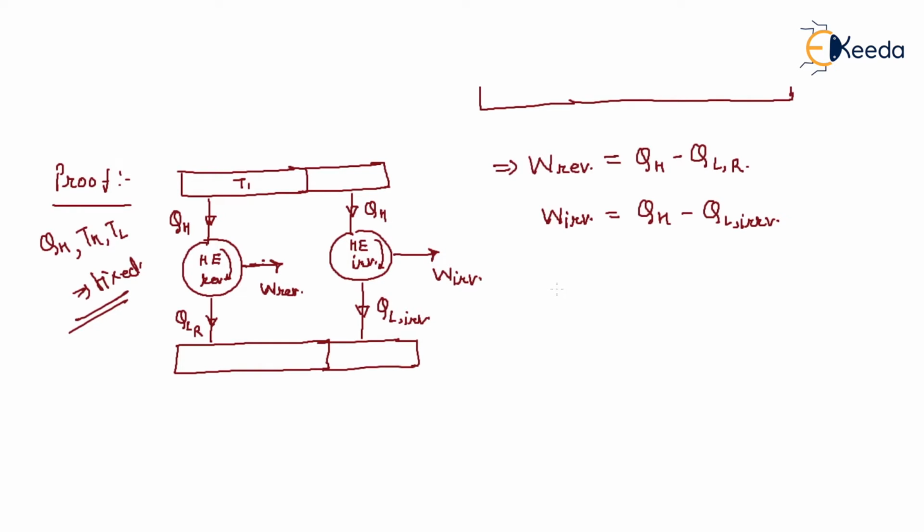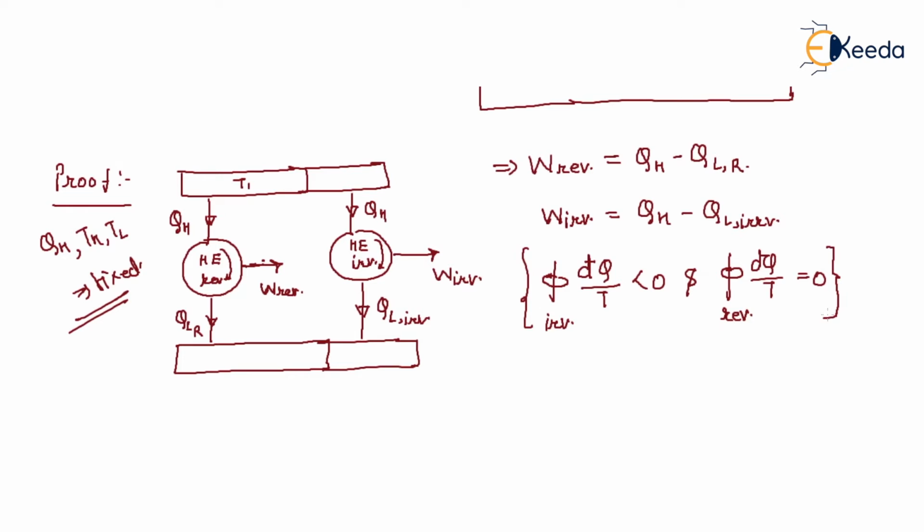And we have to prove that the cyclic integral dQ by T for irreversible is less than 0, and the cyclic integration dQ by T for reversible is equal to 0, right? Okay, we have to prove it.